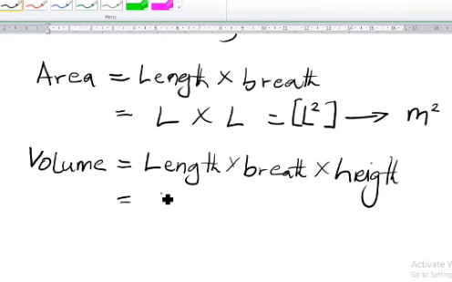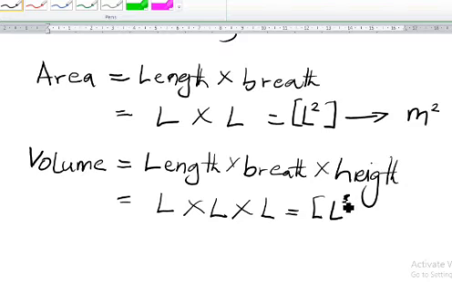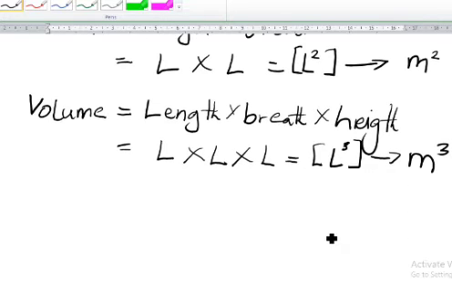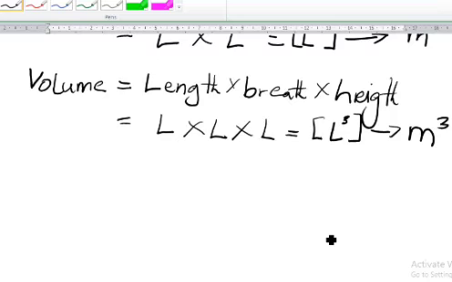This is length multiplying length multiplying length. This will give you L cubed, and the SI unit is meter cubed. That's for the ones related with length. And let's check another one.